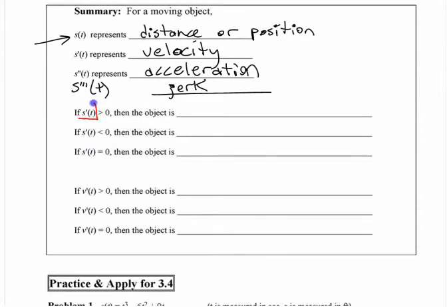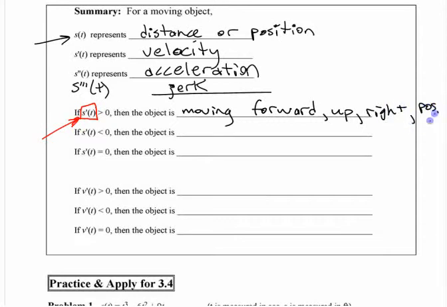If the derivative is positive, in other words, if the velocity is positive, then the object is moving which way? Positive, forward, up, right, whatever you're calling it, depending on the context.